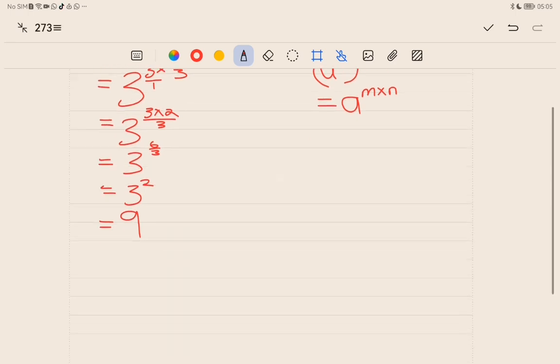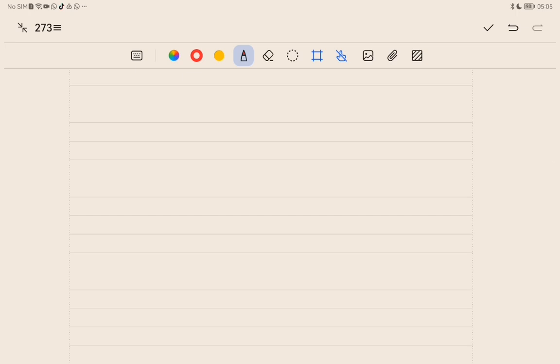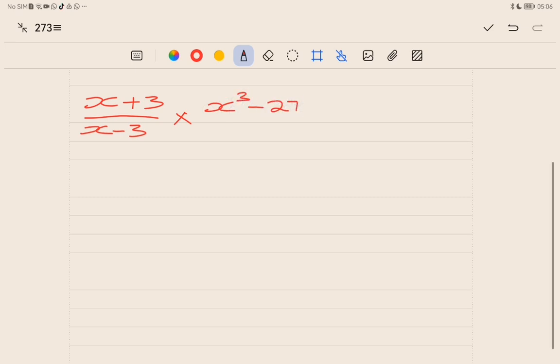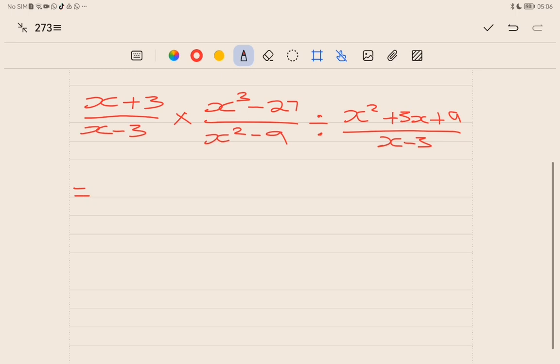So now let's move to the second one. So the second one, it is x plus 3 over x minus 3 times... it is scary, but it's not really a big issue.